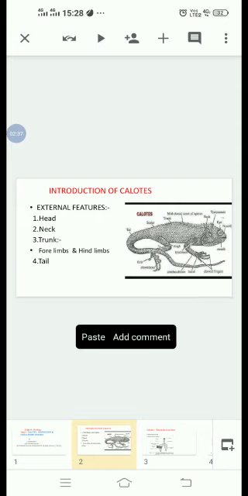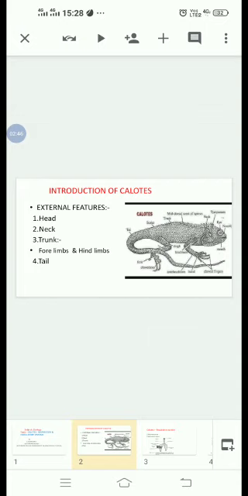The head is pyramidal in shape with a short conical snout. The mouth is situated at the anterior end of the snout. It is bounded by two jaws. A pair of external nostrils is situated dorsal to the mouth.